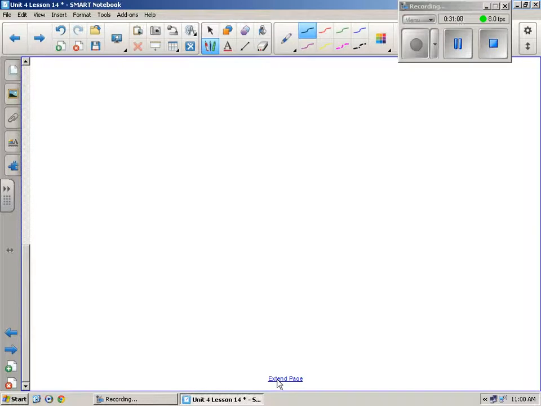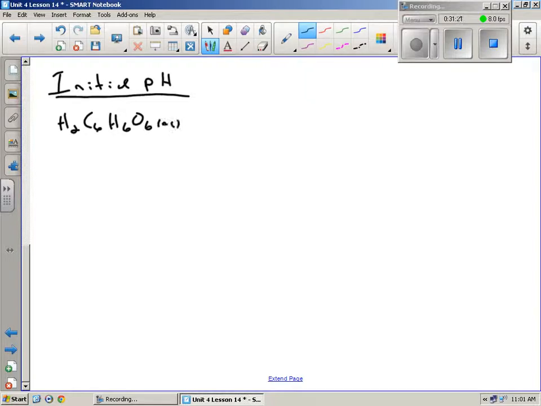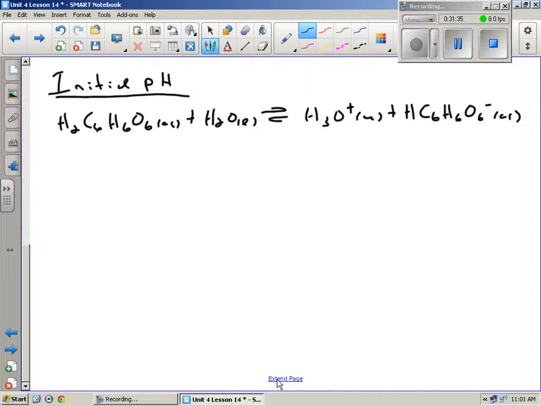To calculate the initial pH, I really wish I could do this on the graph here, but I don't have enough room. We have H2C6H6O6 and water, of course, giving H3O plus and the proton donor HC6H6O6 minus.